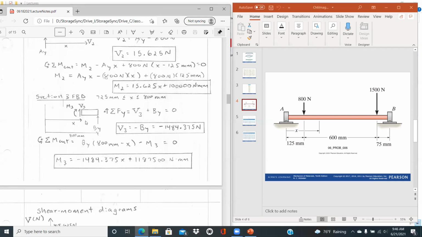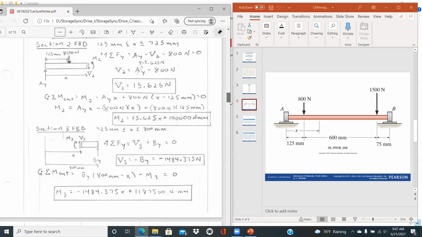So BY times 800 minus X will give us the moment created by BY. Then minus M3 is equal to 0. And so this little trick of 800 minus X is really how you're establishing X properly in that relationship. And you can solve then for M3 as a function of X.